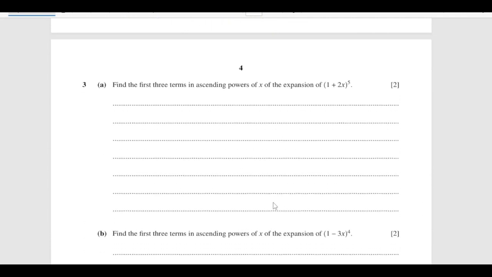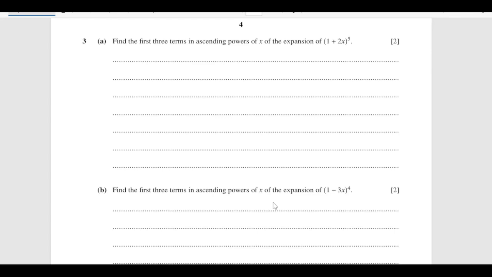Now number 3, find the first 3 terms in ascending power of the expansion. This is a question from series. For the first 3 terms, you can use Pascal's triangle or the binomial theorem.